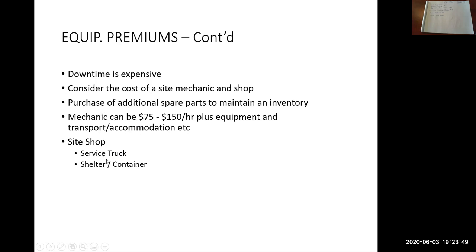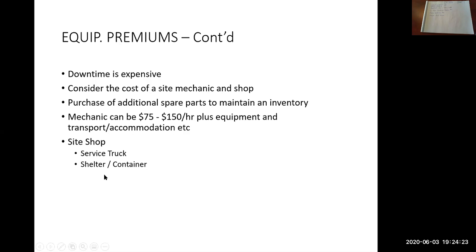So a site shop: maybe the mechanic has their own service vehicle, so it's got all of his or hers tools and fluids and everything on the truck. Maybe you need to provide some type of shelter for them to work in. Having a mechanic work underneath an excavator in minus 35-degree weather for 6 hours is probably not very realistic.